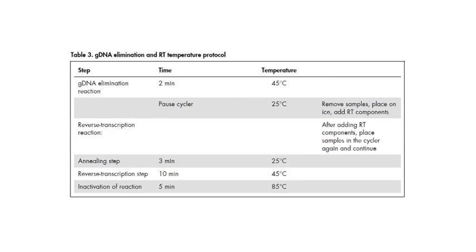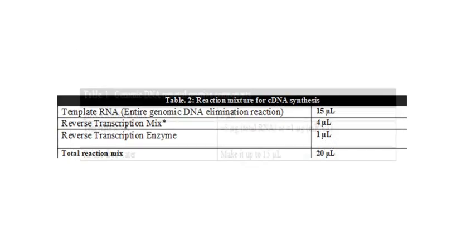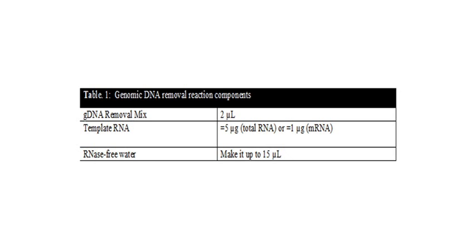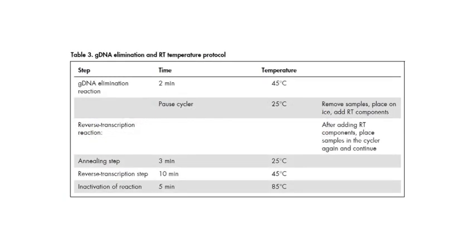So next, these are the different incubation times. Just see here, the genomic DNA elimination reaction is 2 minutes at 45 degrees Celsius. So this is the reaction mix, that is 15 microliter, that you need to keep for 2 minutes at 45 degrees Celsius.